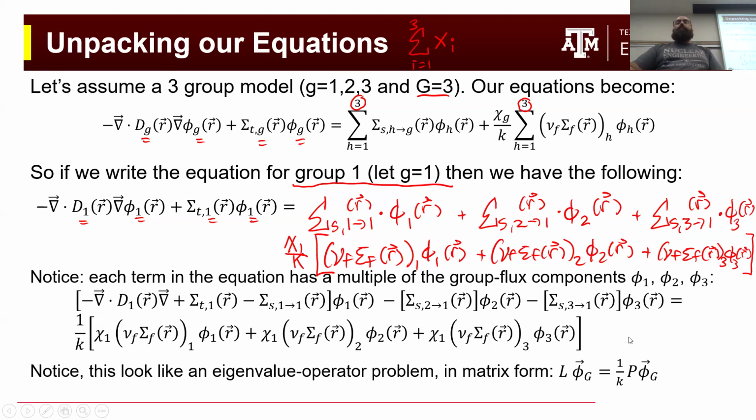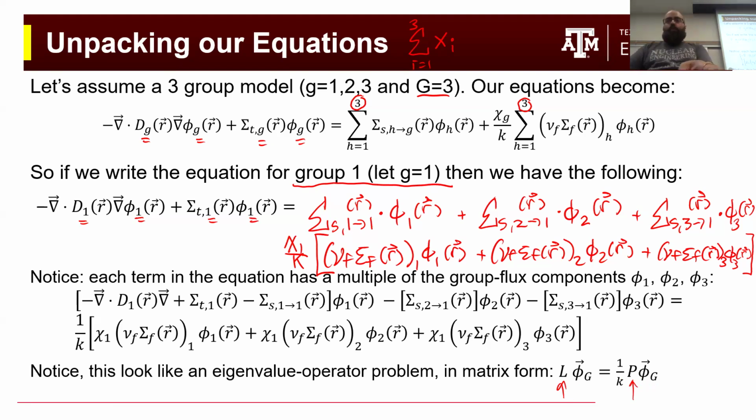So this is basically an eigenvalue operator problem in matrix form. I think of L as my loss matrix and P as my production matrix, and phi G with the arrow on top is my column vector of solutions.